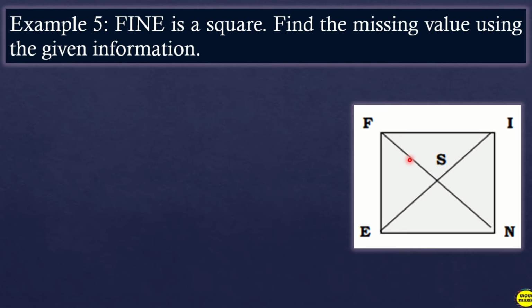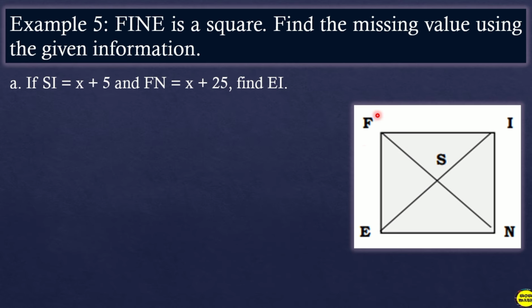How about, okay, given this figure, the FIN is a square. If your SI, so ito yung SI natin is x plus 5, and then yung FN natin is x plus 25, kukunin natin yung EI. Okay. So ano yung unang gagawin?